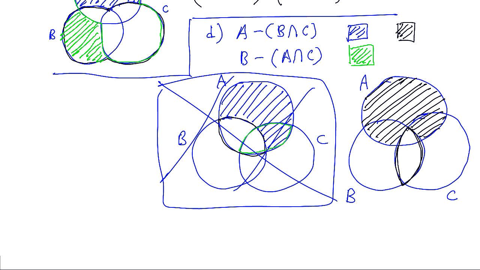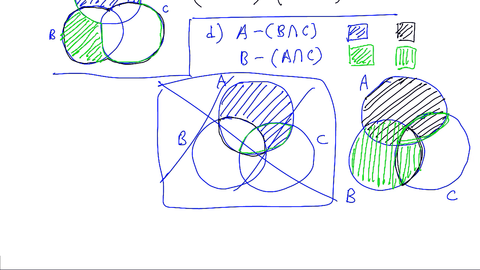And now in green, A intersect C. A intersect C is over here in green, this little football-shaped region. And B minus that one, I'll make it go vertically here. B minus that one is everything that's in B that's not in that little vertical sliver there. Okay?